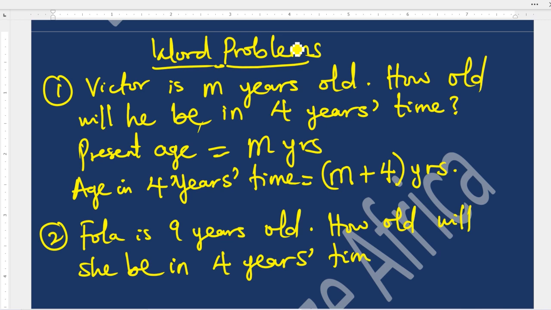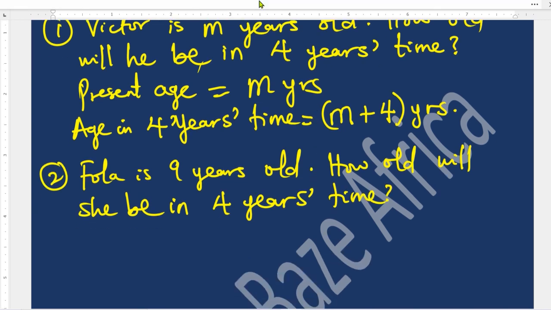How old will she be in 4 years' time? So Fola's present age is 9 years. Okay, so we'll say present age is equal to 9 years.